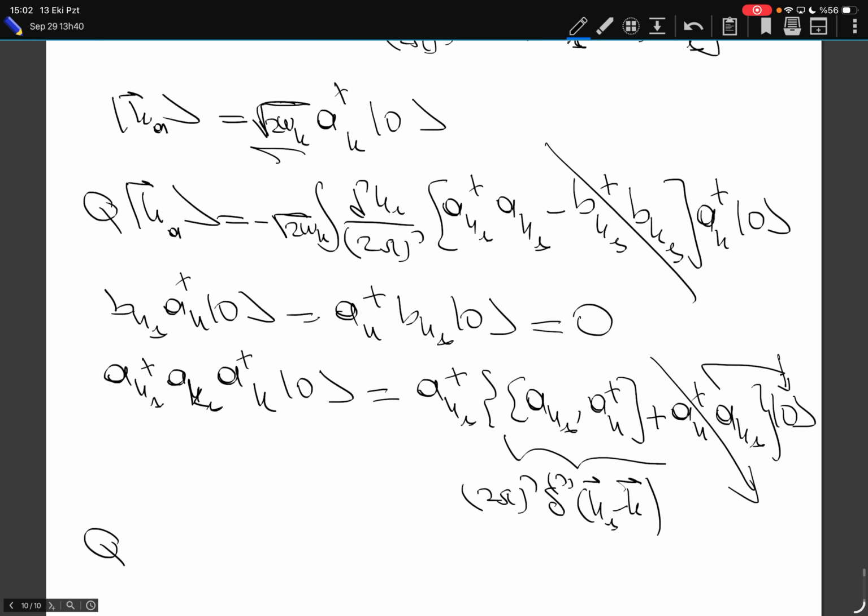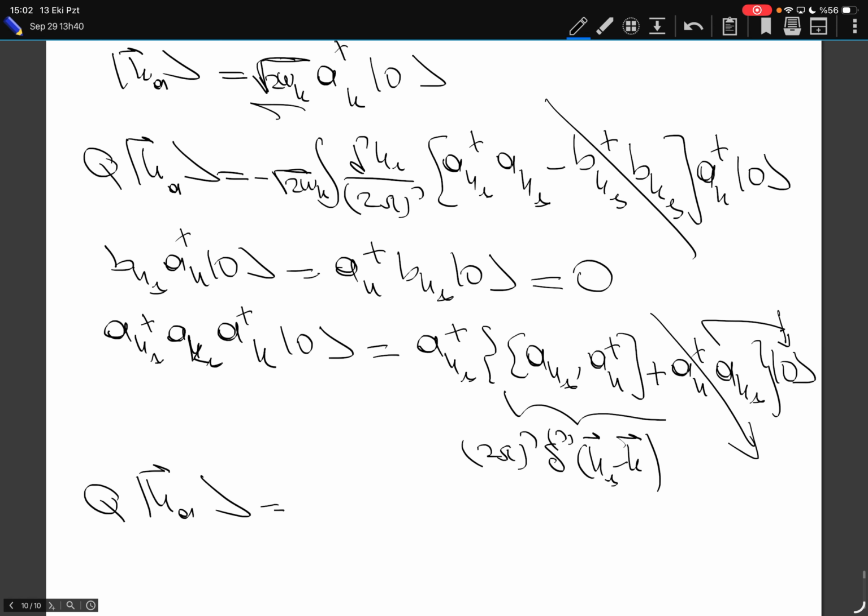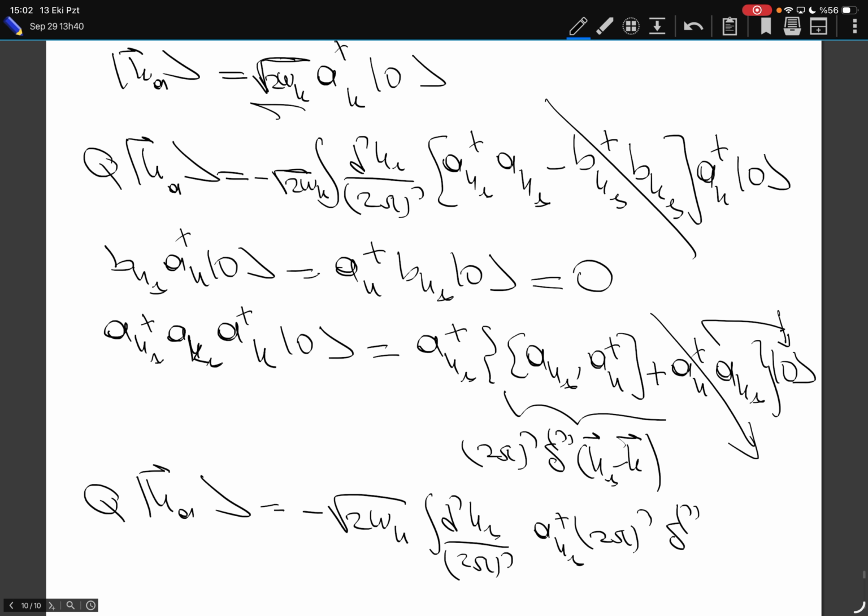So Q acting on Ka would give me minus the integral of square root of 2 omega k, d cubed K1 over 2 pi cubed, a K1 dagger, 2 pi cubed Dirac delta of K1 minus K, acting on the vacuum.